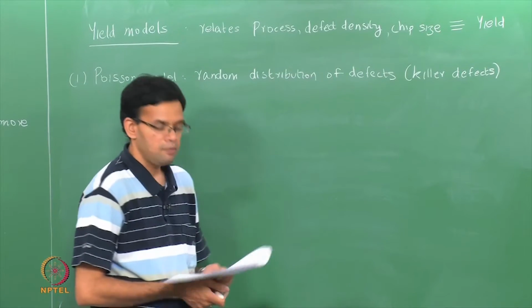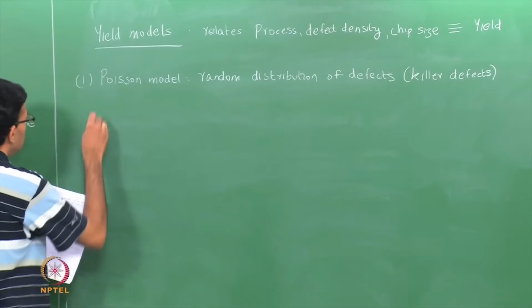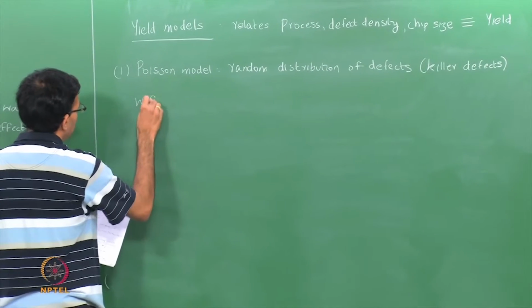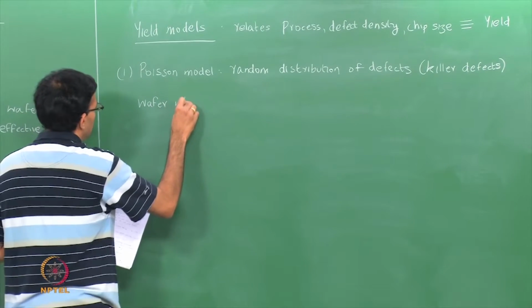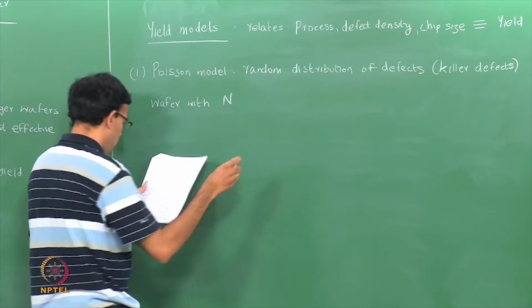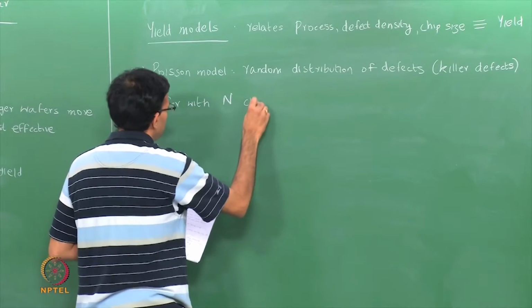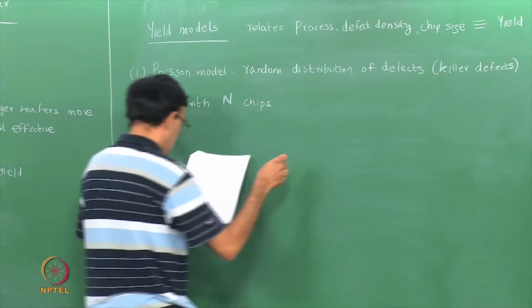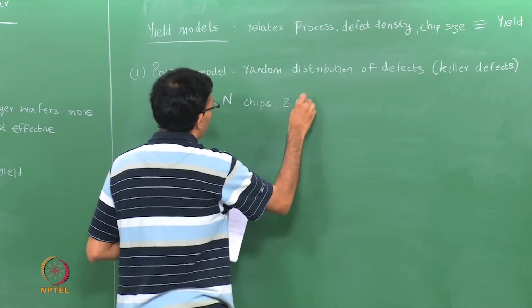So, we have a random distribution of defects. So, let us say you have a wafer with N chips and n defects, small n defects.